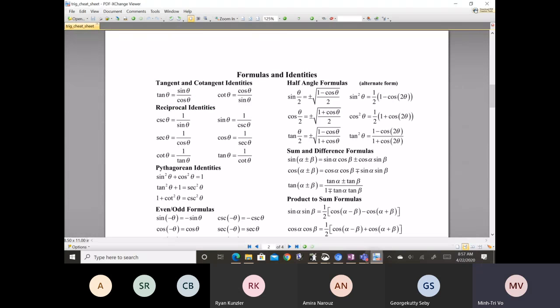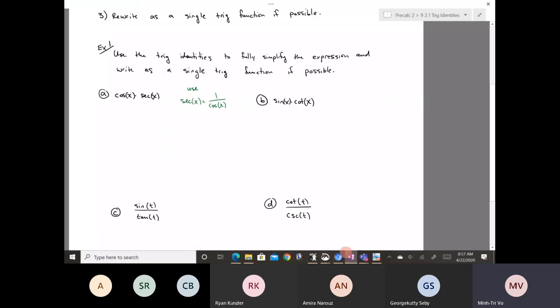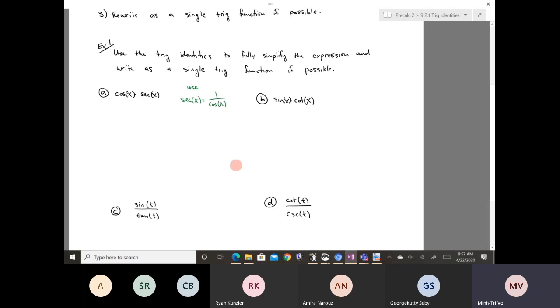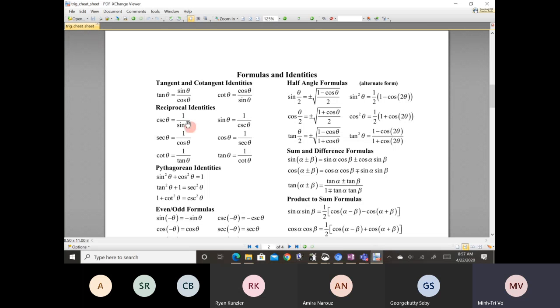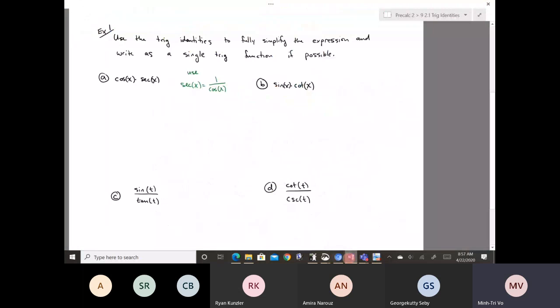Another thing to keep in mind is that the angles in the formula sheet are represented by theta, whereas here I've replaced the angle by x, but it doesn't matter. It's just a variable, and you can use any letter you want for the variable. On the formula sheet it's using theta, but x and theta are the same, so don't get caught up in the variable being different. It's still the same formula.